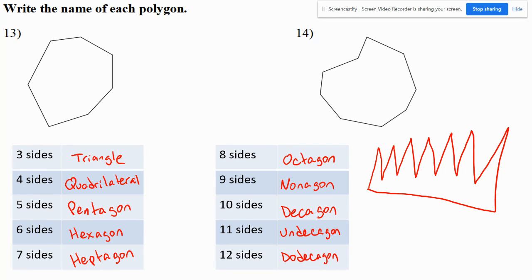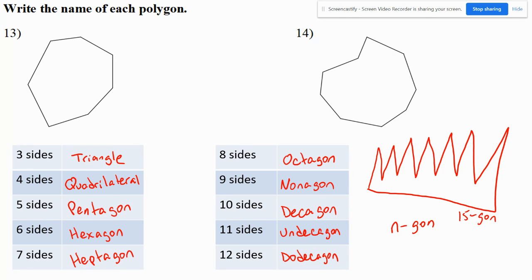For any number after 12, I'm just going to use n-gon. N will be representing the number. My example here has 15 sides, so I'm going to call that a 15-gon. If I draw a polygon that has 100 sides, I'm going to call that a 100-gon. So anything after 12, I'm just going to use that number.